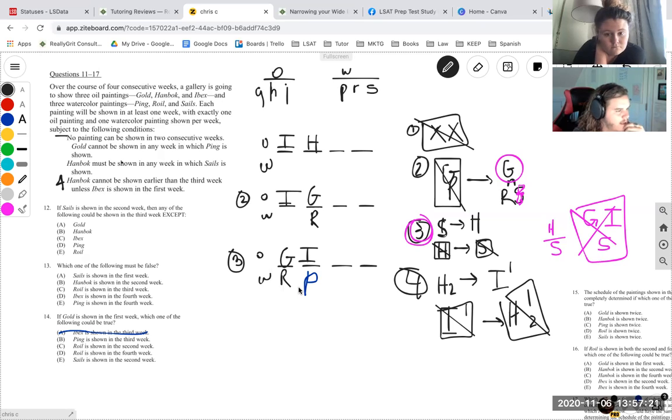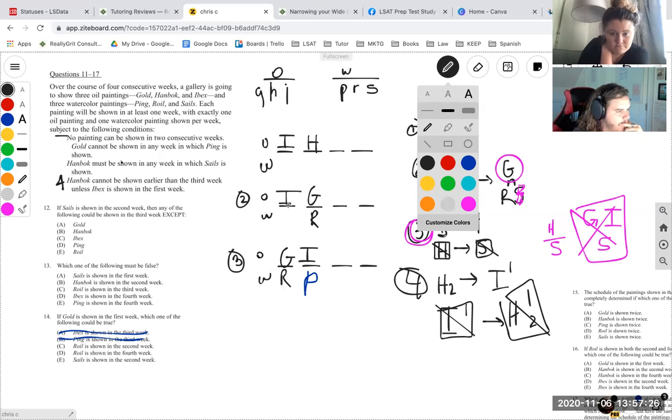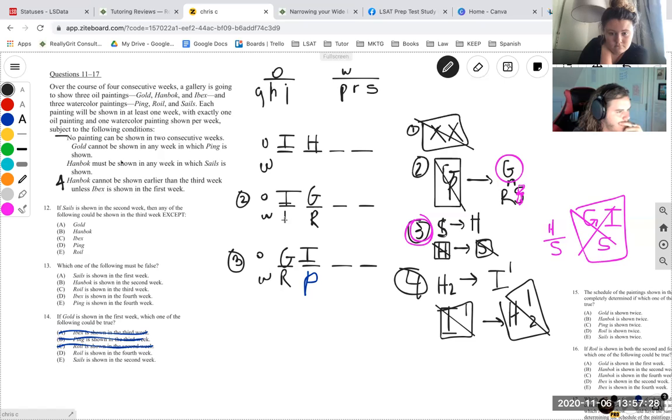Yeah, I can eliminate B now because we know P can't be shown in the third week. We also know that R can't be shown in the second week. The second week, yes, sorry. And then answer choice E, S is shown in the second week, we can also eliminate that. So the answer is D.